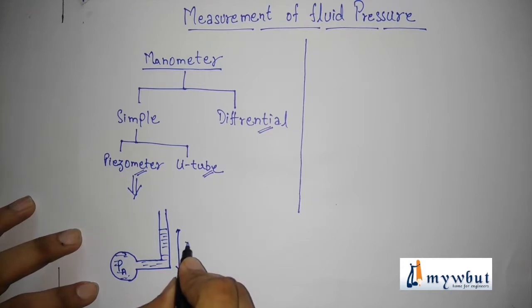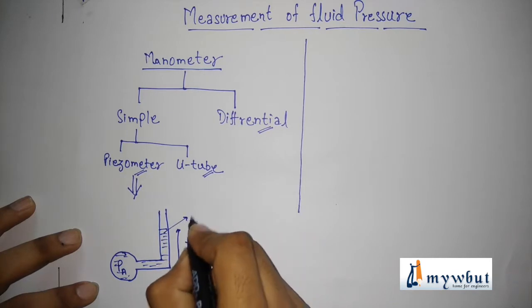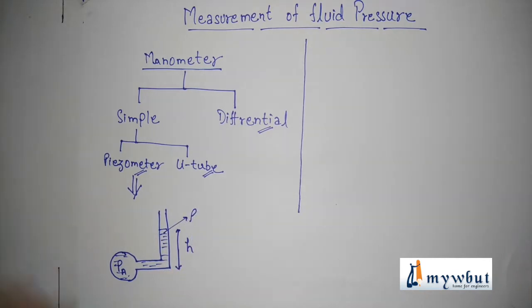Suppose the height of the elevation here be H. Density of this fluid will be rho. Then we can write PA minus rho G H is equal to 0, or PA is equal to rho G H.